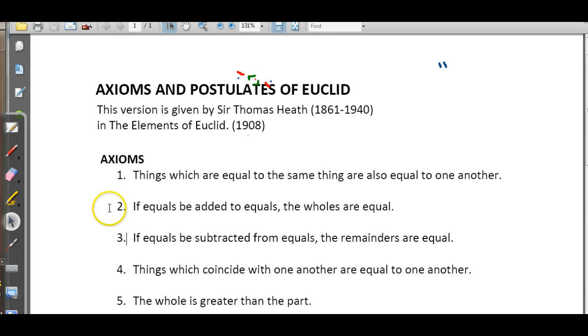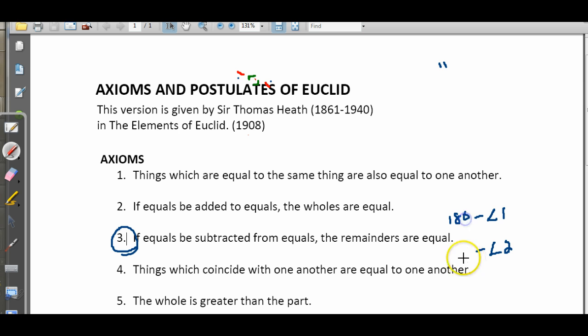It says that if equals be subtracted from equals, so over here I think angle 1 was subtracted and angle 2 was subtracted, both from 180.